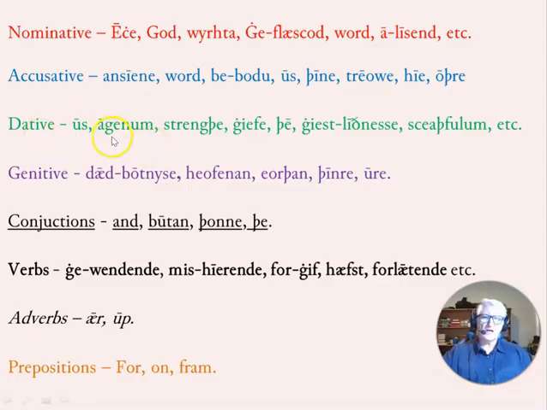Dative: Us, Achnum, Starengathe, Jeve, Thay, Yeast, Leithnesse, Shared, Fulham, etc. Genitive in purple, conjunctions are in black underline, verbs are in bold: Jewend, Ende, Mishioriende, Variëf, harvest, verlatende, etc. Adverbs are in black italics: ar, oop. And prepositions are in this sort of orangey brown color: var, on, varam.